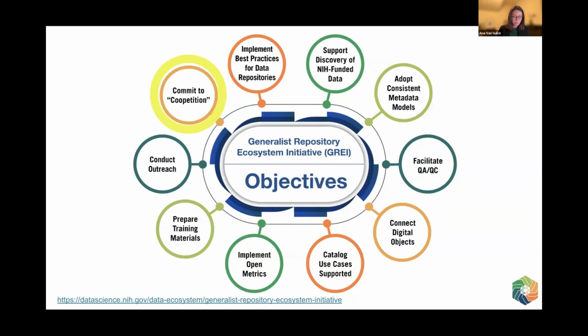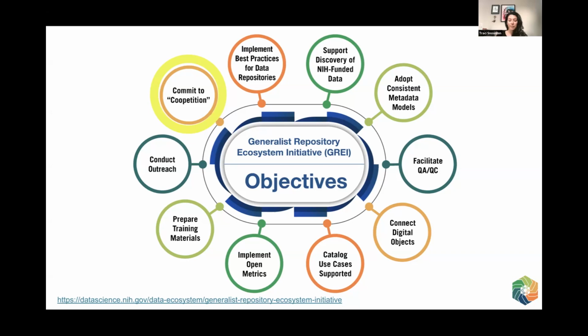The GRAE program has several key objectives that help to lower the barrier for data sharing and discovery across repositories, including consistent metadata, common metrics, and community outreach. Tracy will tell you about some of this work. But first, I'll focus on this GRAE objective to commit to co-opetition.